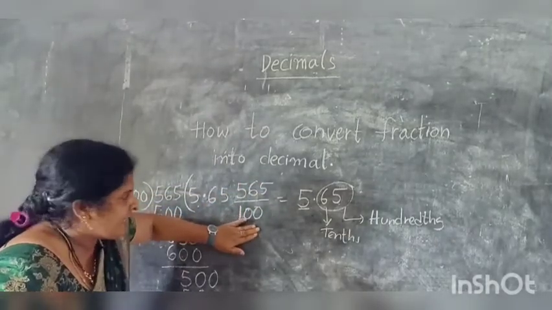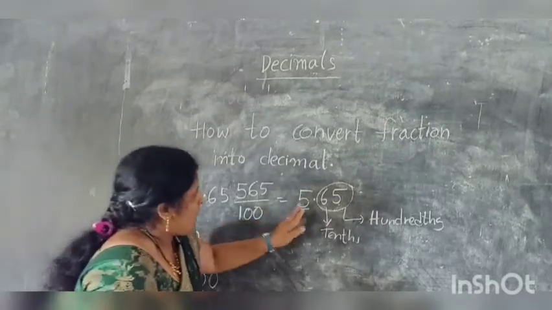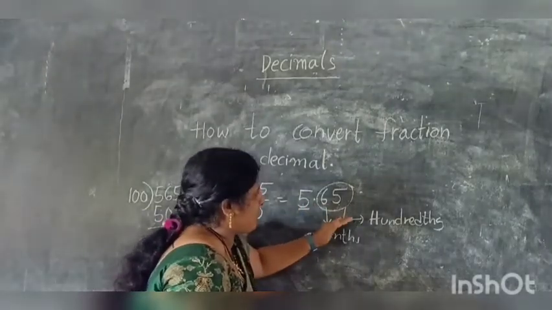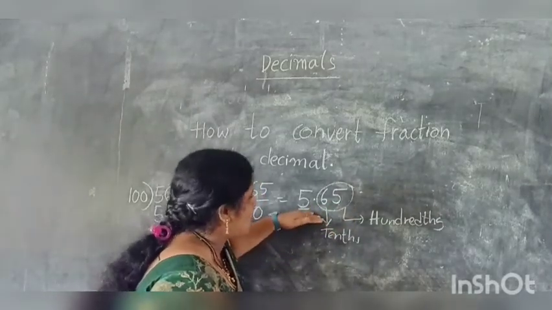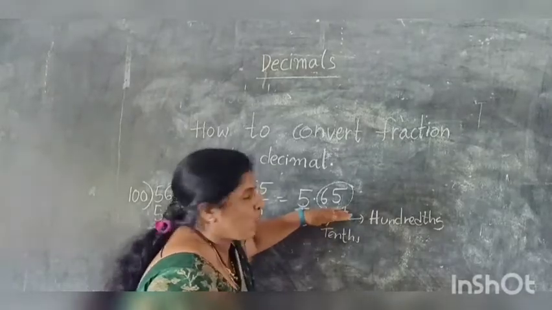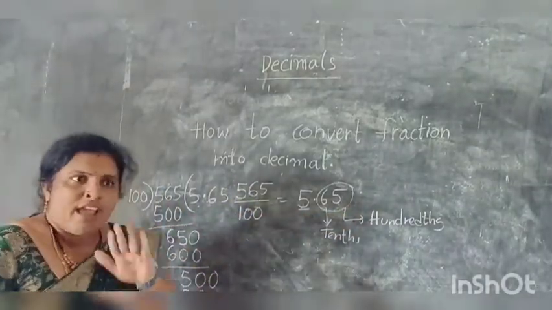How many zeros are here? 2 zeros. So the decimal point comes after 2 decimals. The 5.65 has 2 decimal places. Have you understood, children? Okay.